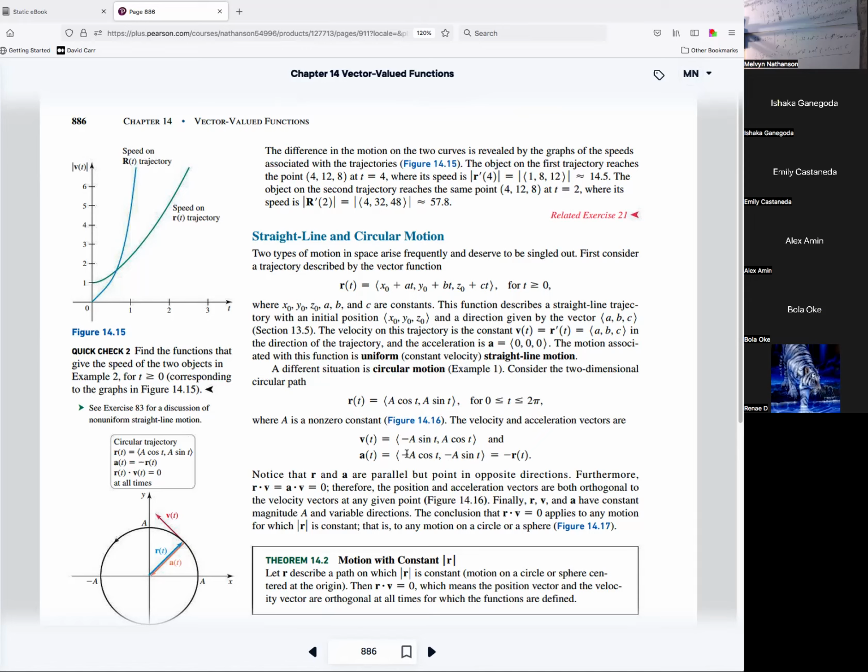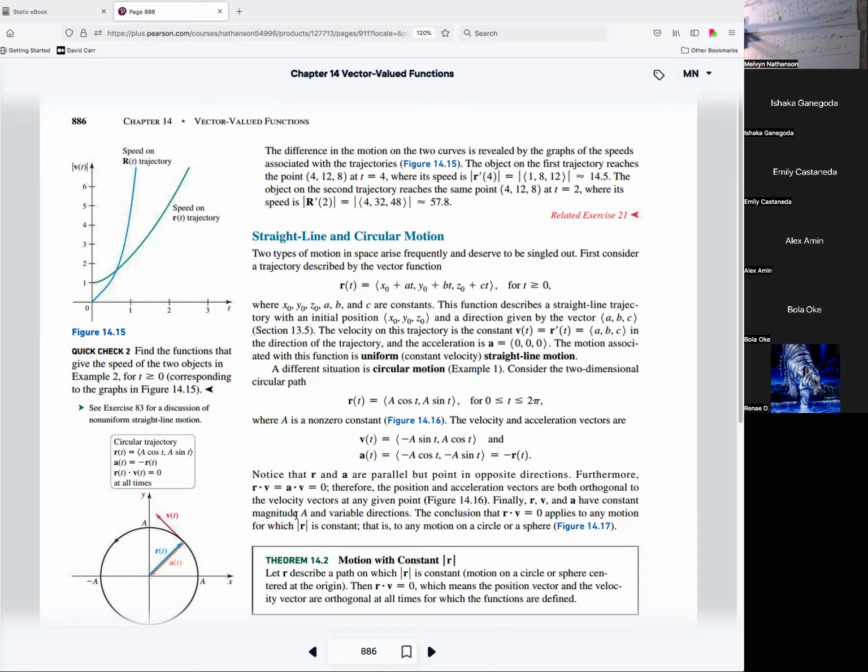And the book observes that the acceleration vector is exactly the same as the position vector, but with a minus sign. So this means that when you have circular motion in the plane, the position and the acceleration are exactly opposite to each other.